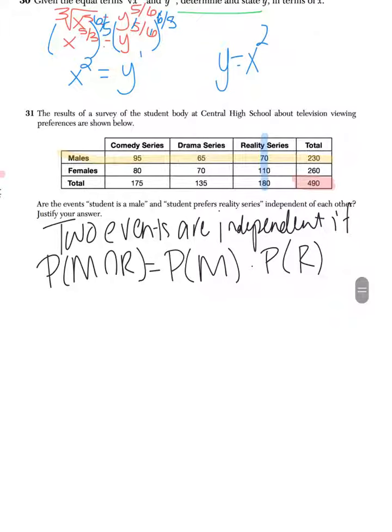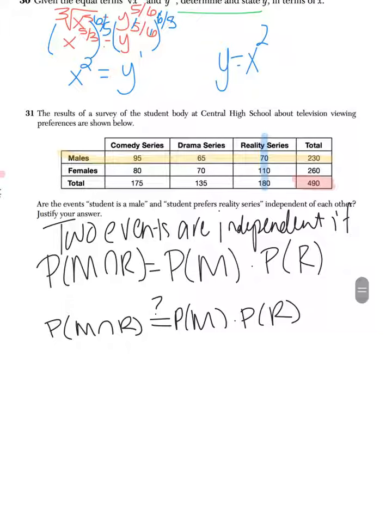So I need to see if the probability of M and R are equal to the probability of M times the probability of R. Okay? The probability of the intersection.